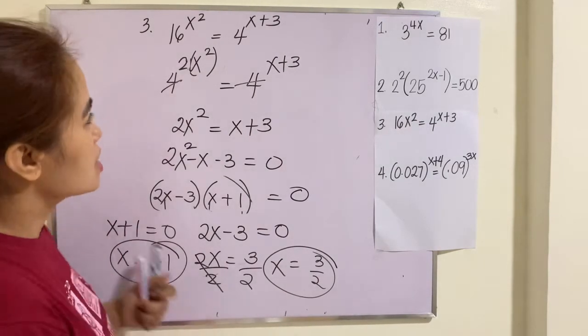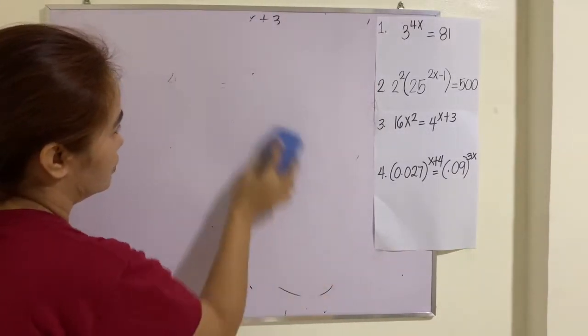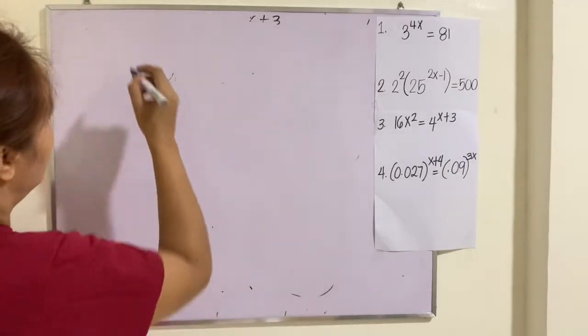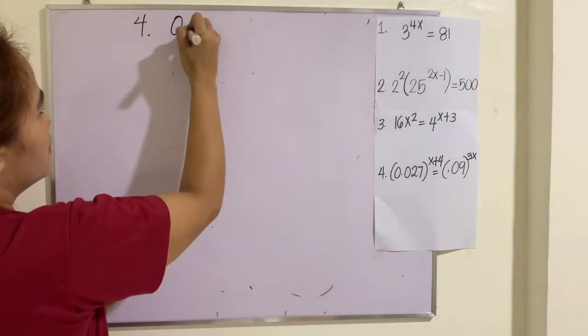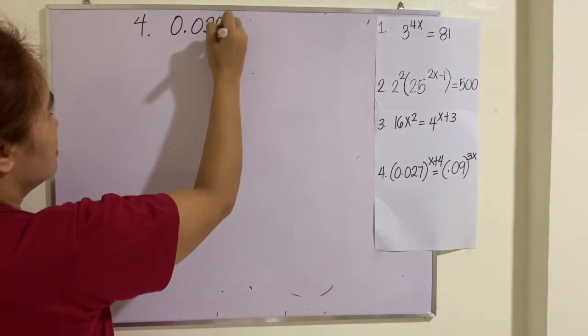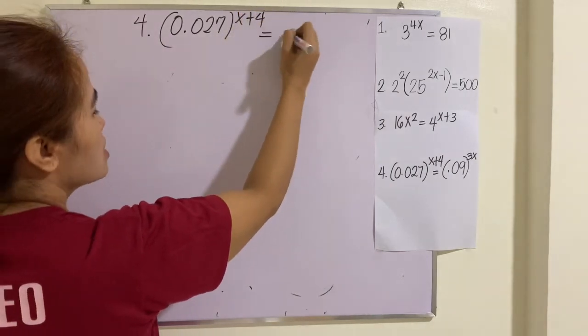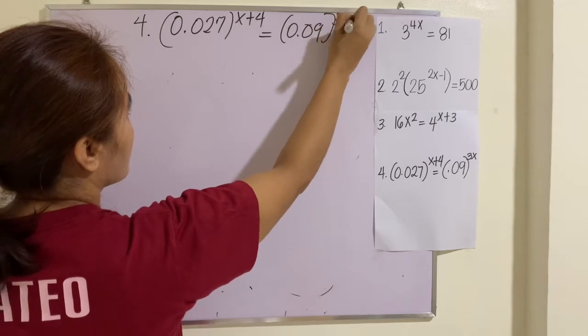Now, example number 4. Here in number 4, you have a decimal base. So you have 0.027 raised to x plus 4 equals 0.09 raised to 3x.